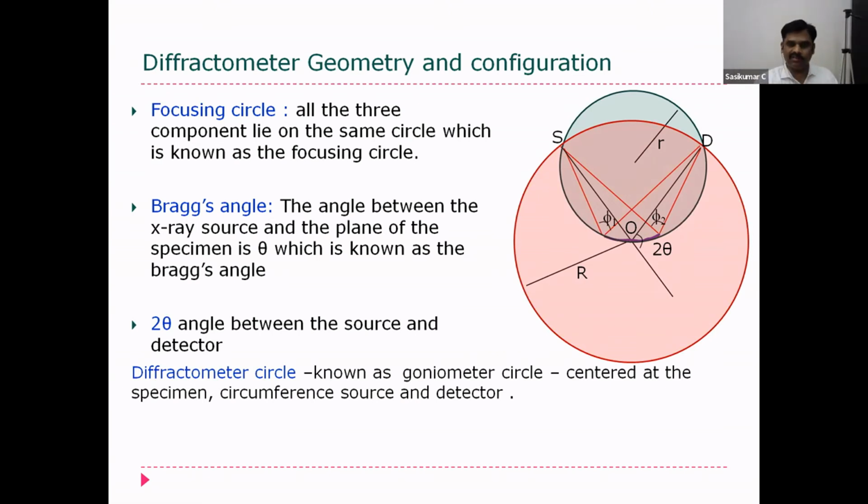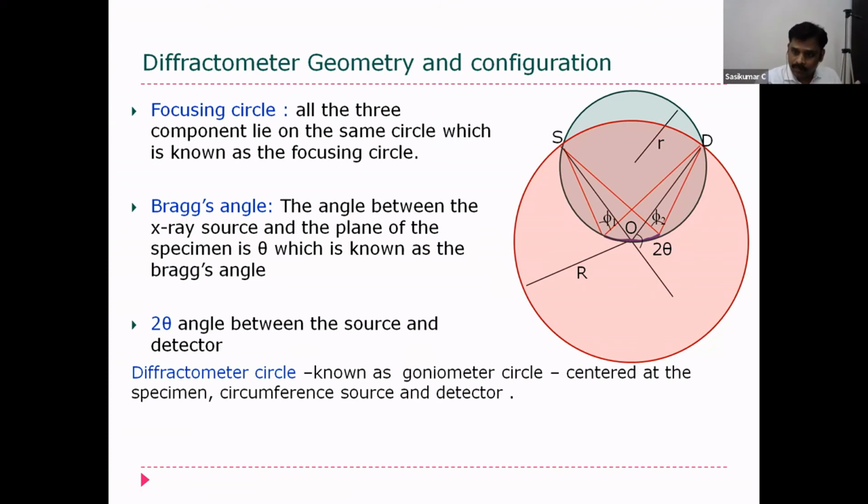It is the circle where you need to fix your source, your detector, and your specimen. Exactly at the center of the diffractometer circle you place your specimen, and at the circumference you have your source and your detector. This is how the geometry or design is set up.